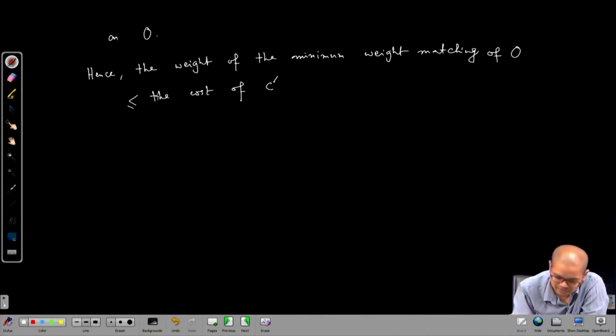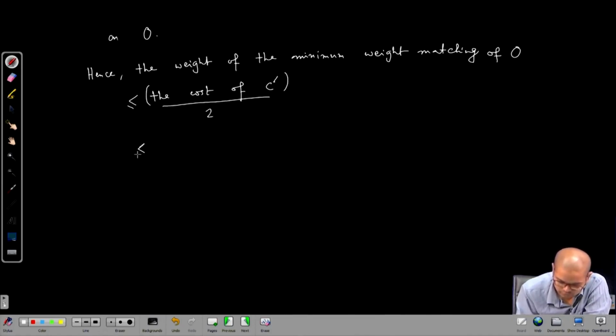So, this is the cost of C prime and it contains two matchings, so this by 2, but this is at most opt by 2.